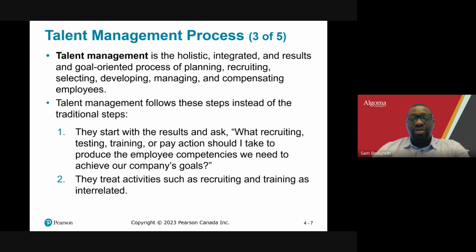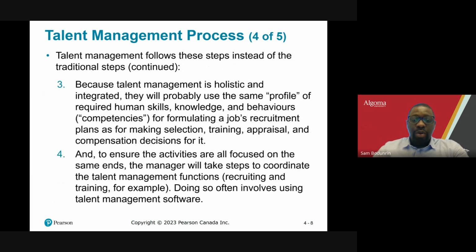What kind of actions are we going to pay attention to? And how do we hire? How do we train? The difference between training and hiring is that when you hire somebody, the next thing is to give them orientation or let them go through the onboarding process, which is the interconnectivity between training and hiring or recruiting.